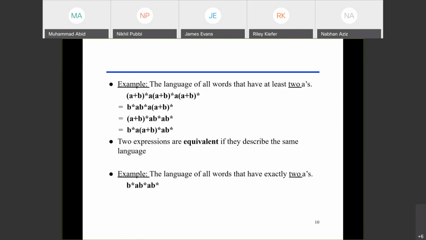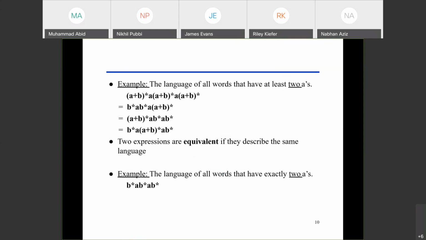So now if I need to write the regular expression where my language must have at least one A and one B, what is the thinking process? The thinking process is this: whatever minimum is required, first write that, and then think about making it complete for the whole sentence.